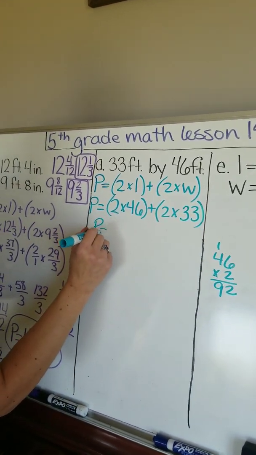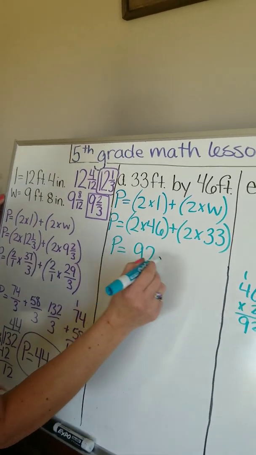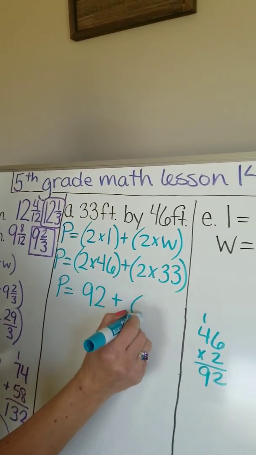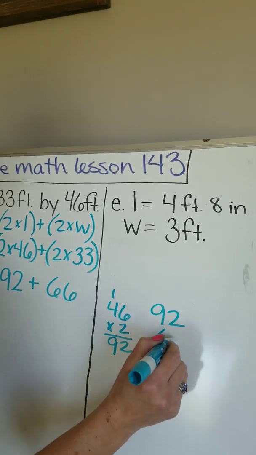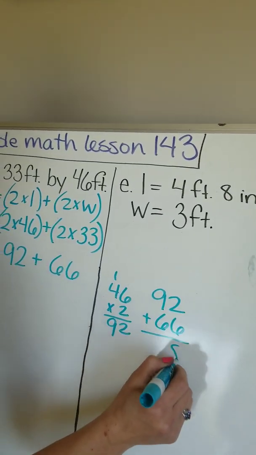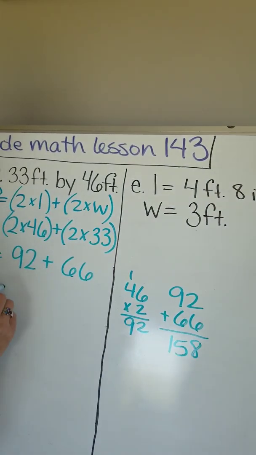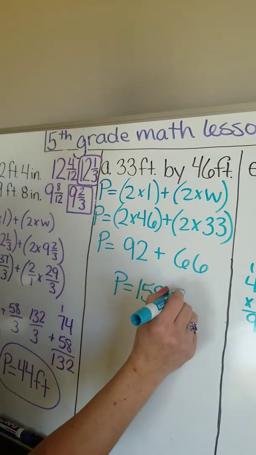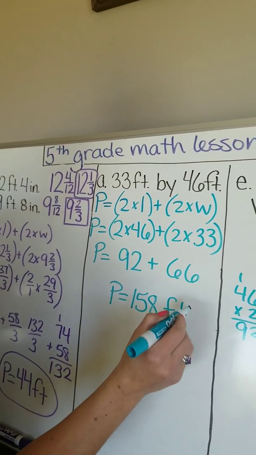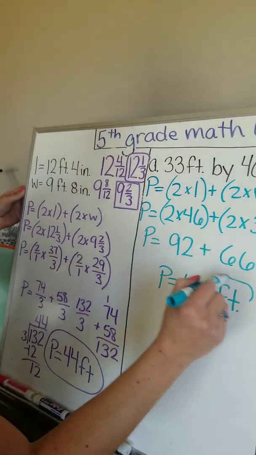So P equals, this parentheses is solved, 92 plus 66. And then we add them up, 92 and 66, 8 and 15. So perimeter equals 158, what? Feet. I like those ones better, don't you? They're very much shorter and quicker, but that's all right.